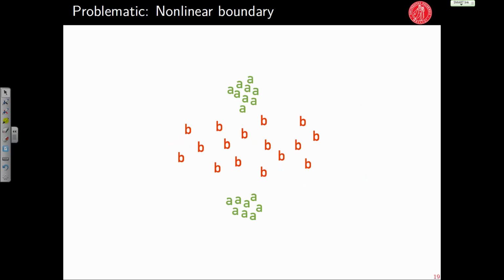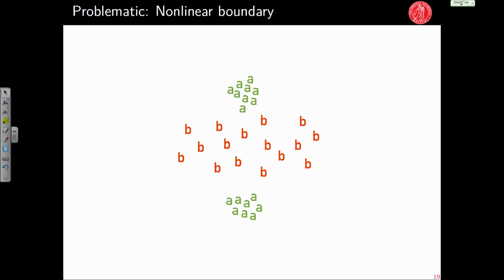Now the nonlinear problem. This is a case where you have two classes that are not linearly separable. You cannot draw one line here that is able to separate the points that belong to class A from the points that belong to class B. So there is no such line here. It's just impossible.